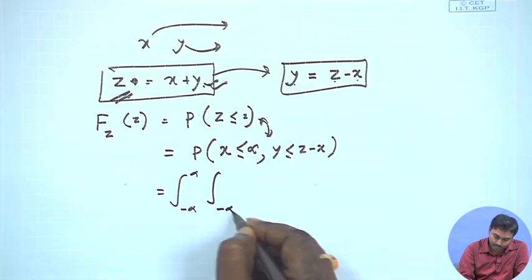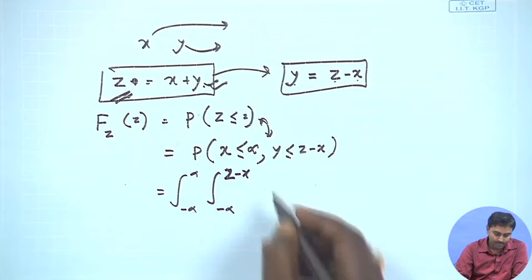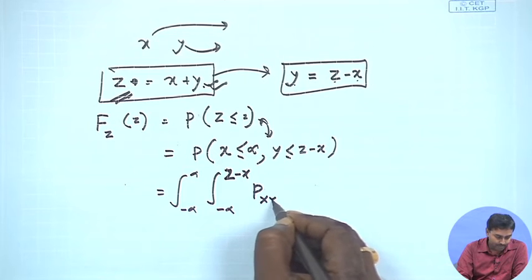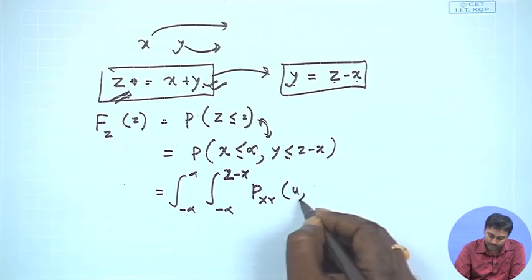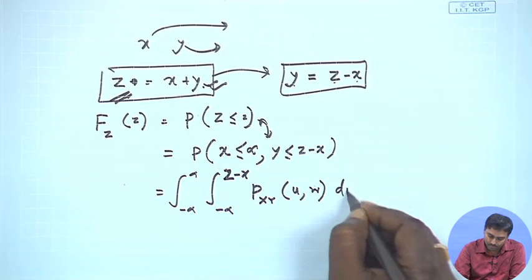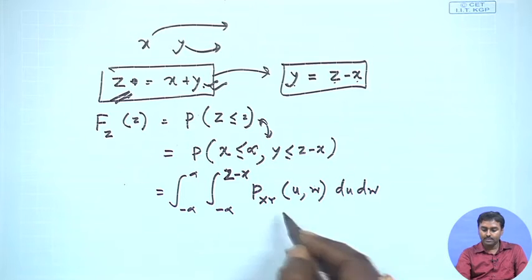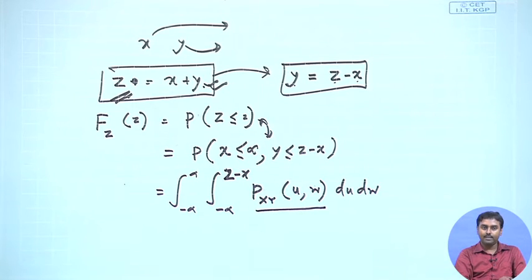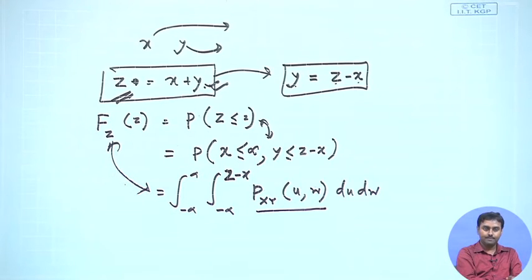So, y should be going from minus infinity to z minus x, of p_xy(u, w) du dw. This is the joint distribution of x and y. I still do not know it, but probably I do not have to, we will see that. But according to my definition this should be equivalent.